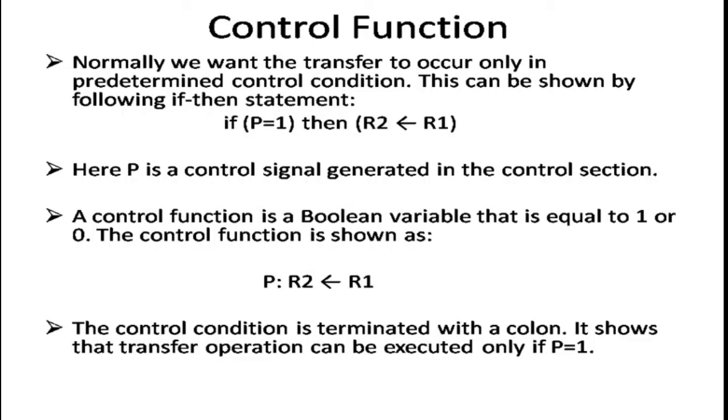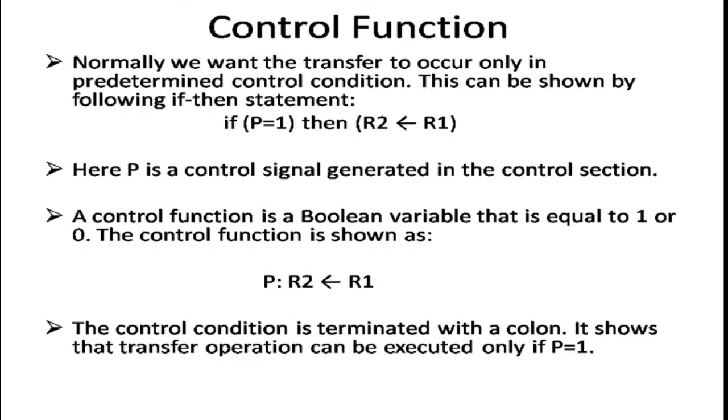This is what we are denoting here. Here P is the control signal generated in the control function section. If the control function is 1, then it is transferring the data from R1 to R2. Otherwise it won't transfer.